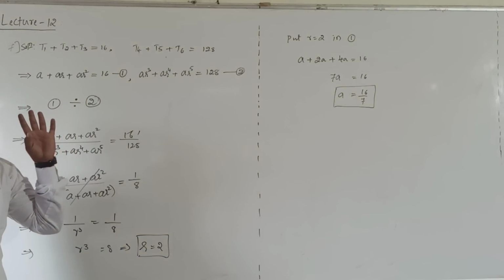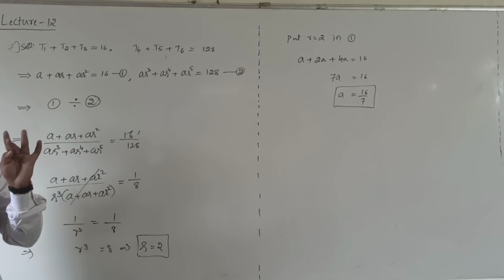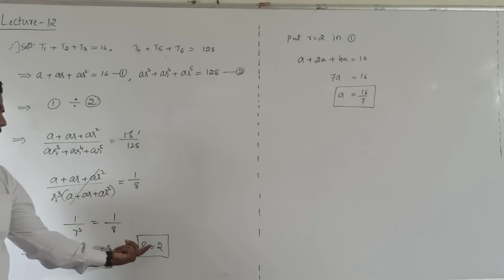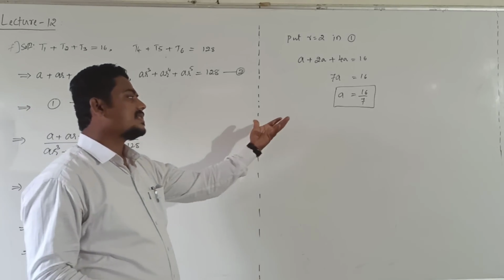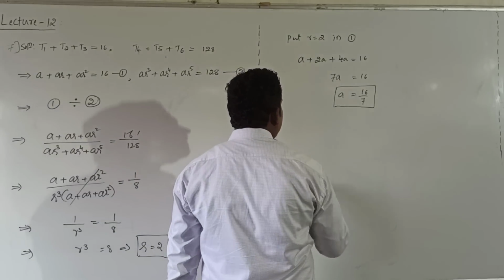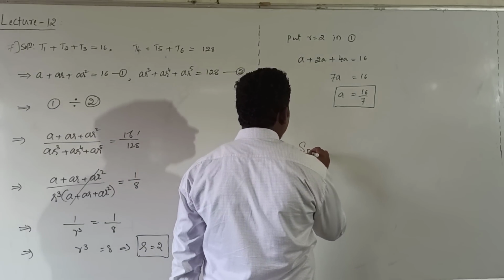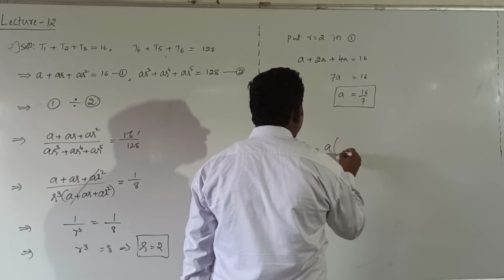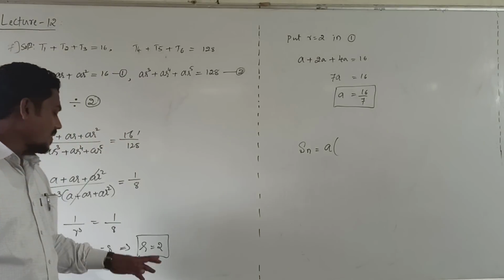We need to find the first term, common ratio and sum of first n terms. Already we have the common ratio and first term. What is next? We need to find Sn, the sum to n terms. What is the Sn formula?